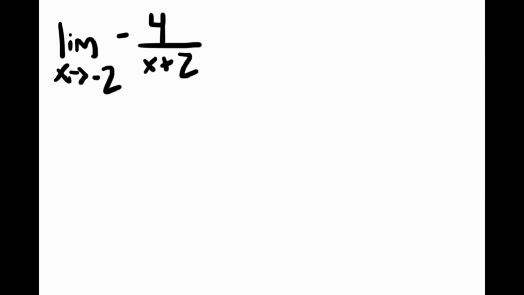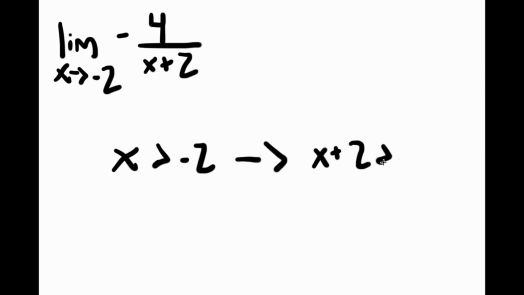So for the right-handed limit, we would basically write it as this limit right here, just with the plus. So with the right-handed limit, we would say x is greater than -2 from the right-handed side. We would then turn that into x plus 2 is greater than 0. And we already know why we write it down as x is greater than -2: it's because it's from the right-hand side and it has to be positive.